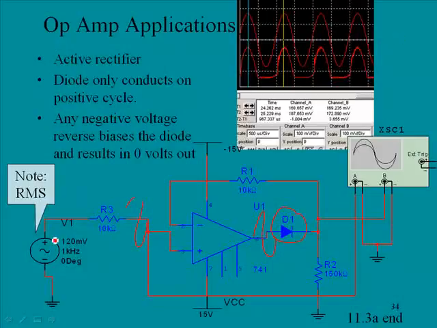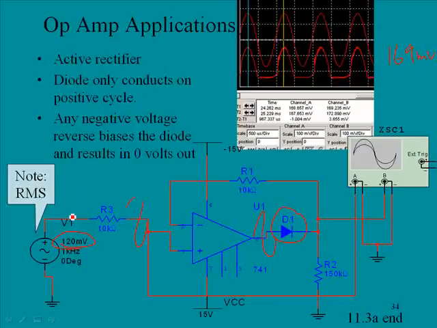And something I thought I might bring to your attention here, you'll notice that the input and the output are about 169 millivolts, but you'll notice that the input source is 120 millivolts. When you're using Electronics Workbench and you use some of these voltage sources, oftentimes the voltage source values are not in peak, they are in RMS. And so you look at this and you look at your output and you think, well, what in the world's going on here?